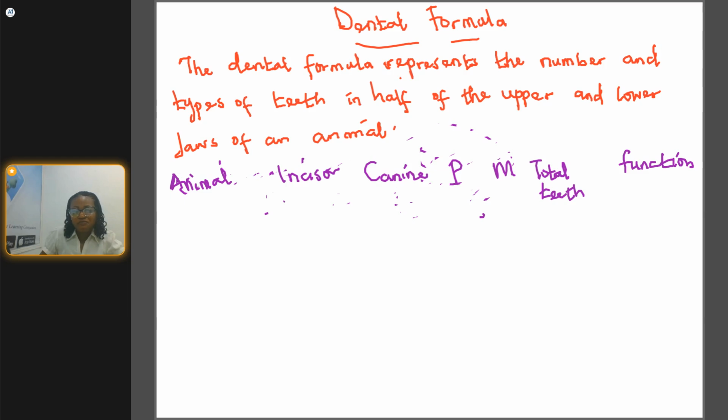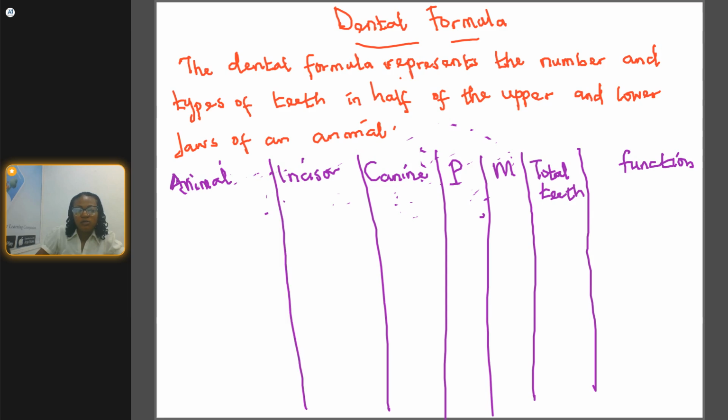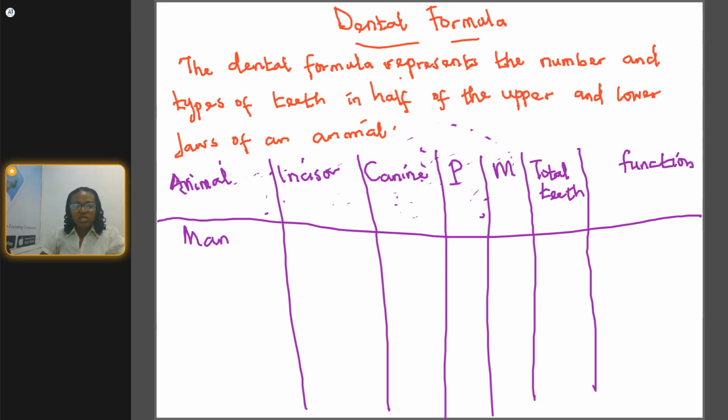All right. So as you can see on the board, we have the premolar, we have the molar, we have the canine, we have the incisor, and then the animal. Okay. So starting from man or humans. The incisor is 2/2. The canine is 1/1.